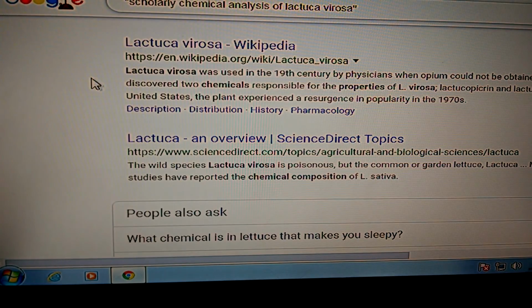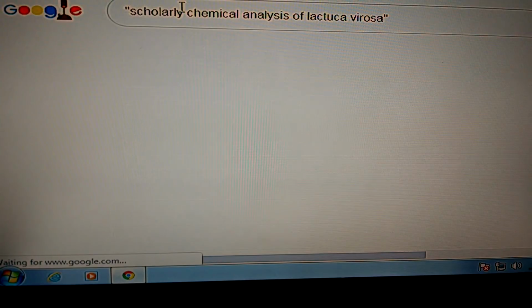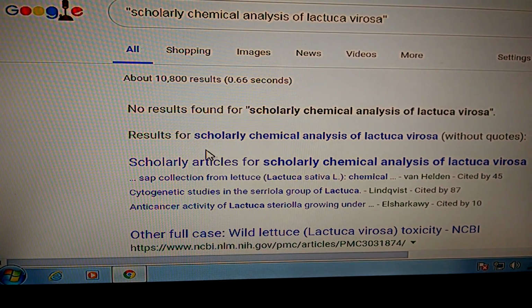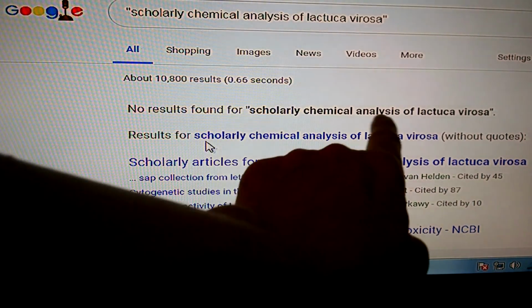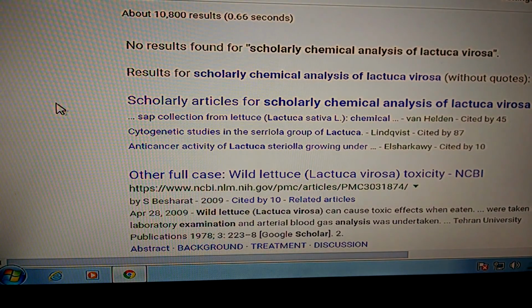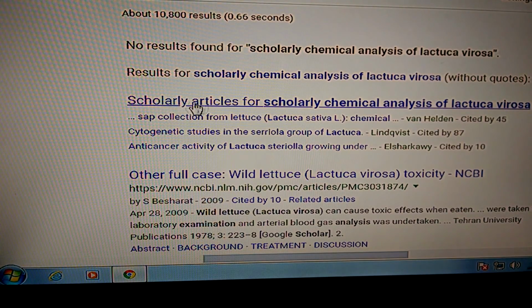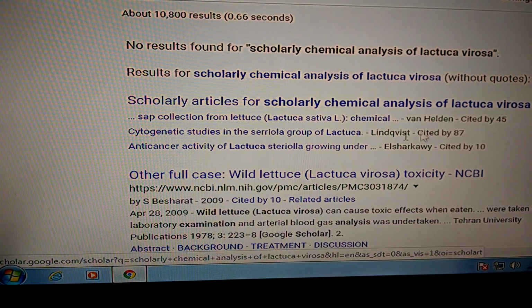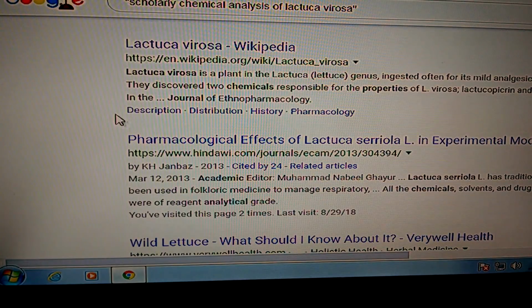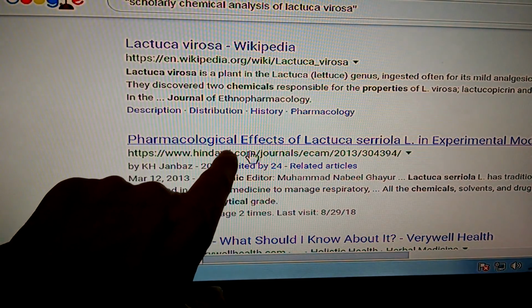So when we do this method, okay, what comes up is bullcrap right there, because this is Google. Google doesn't want us to find things. So what it did was it did it without quotes. And then here are all of the studies that you can find.